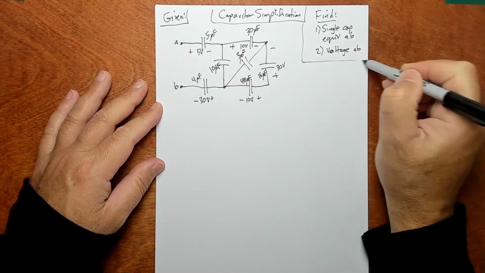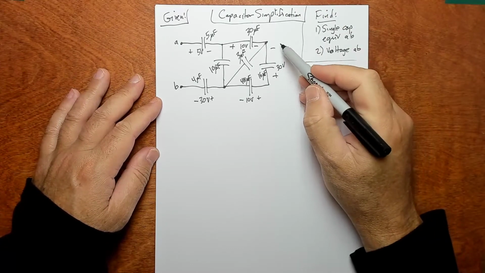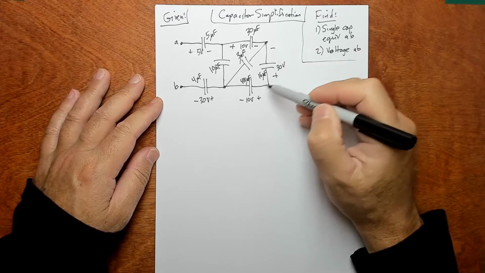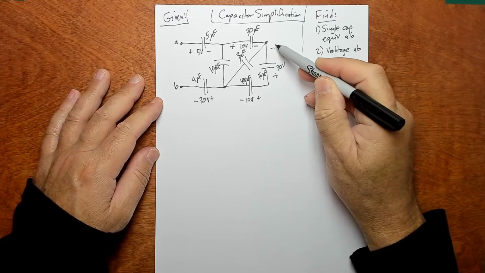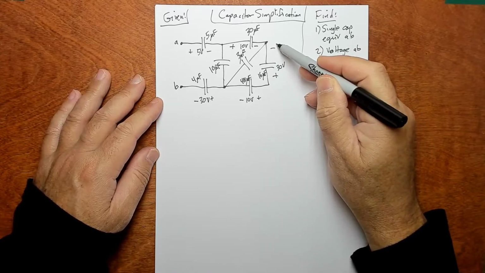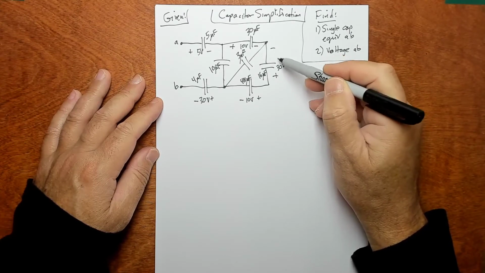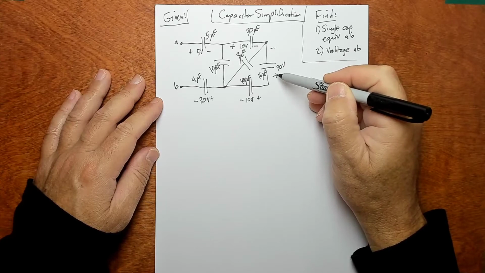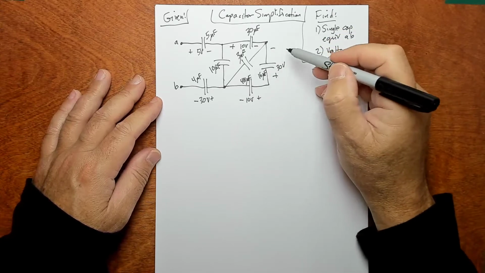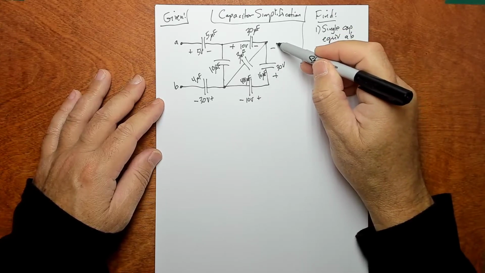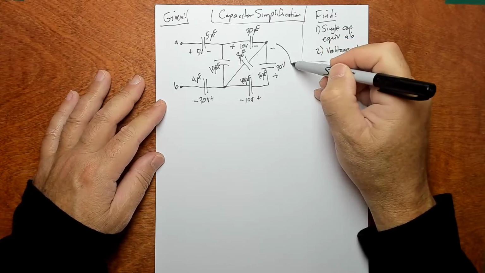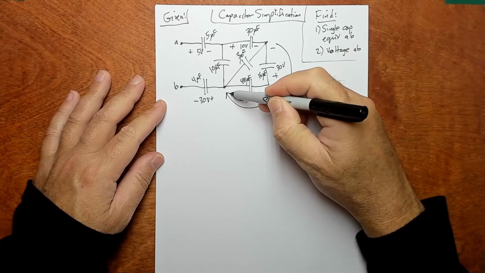All right, so let's start over here, and it's best if you follow the voltage rises. So there's a rise of 30 here, and there's a fall here. But it's nice if we can keep the values positive where possible. And if I go this way, I can keep it positive.